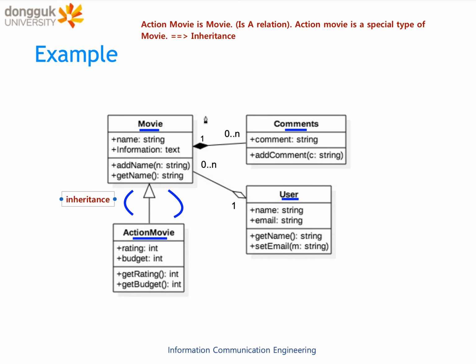And there is another type of relation like here. So you can see like this: movie has comment. Okay, a has-a relationship. Also, user, movie.